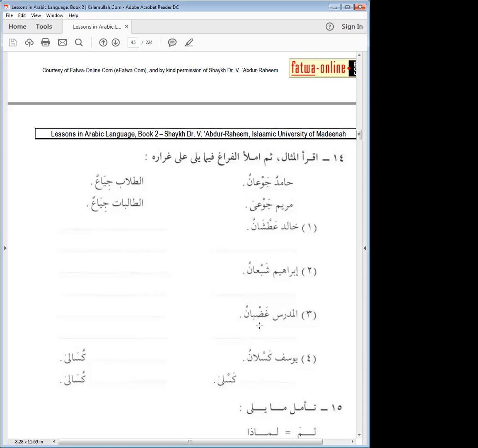Al-mudarrisu ghadbanu, the mudarris or the teacher is angry. Al-mudarrisatu ghadba, with the ta marbuta at the end, feminine.